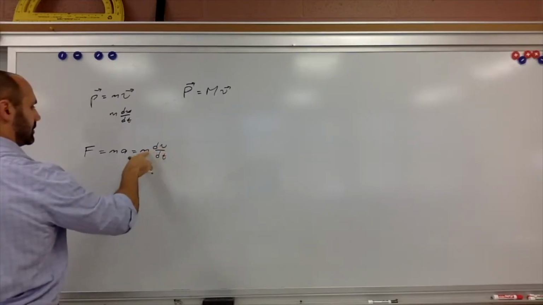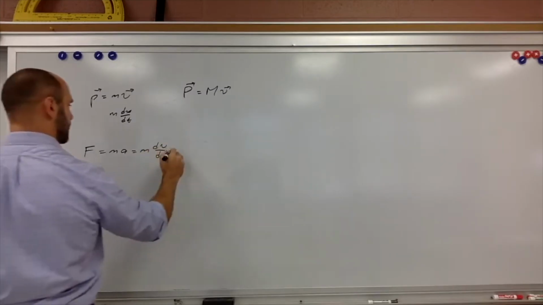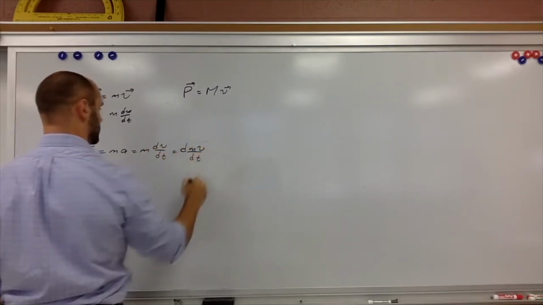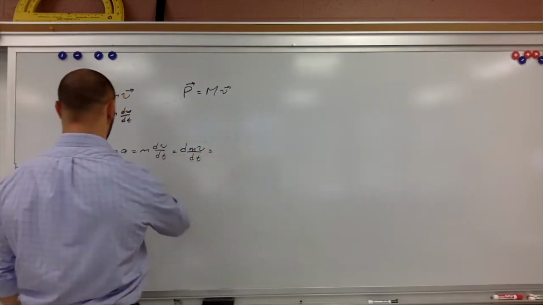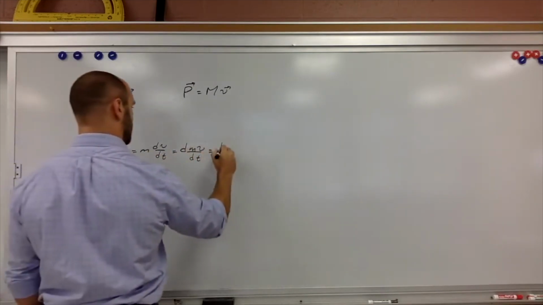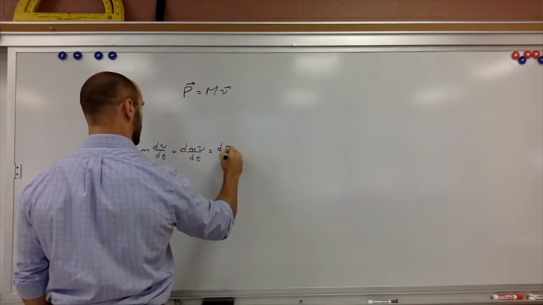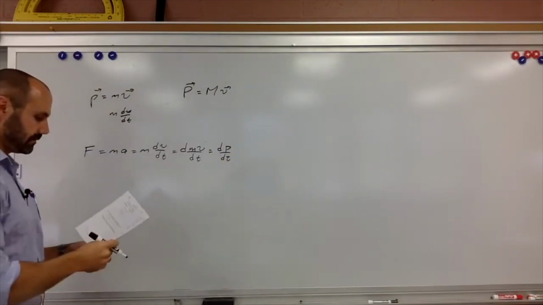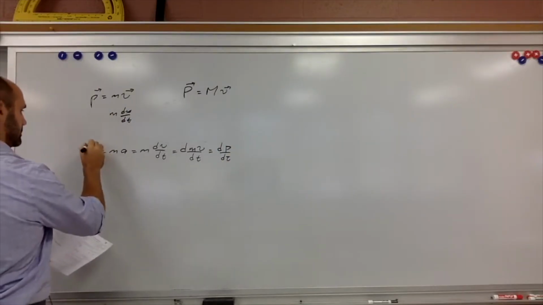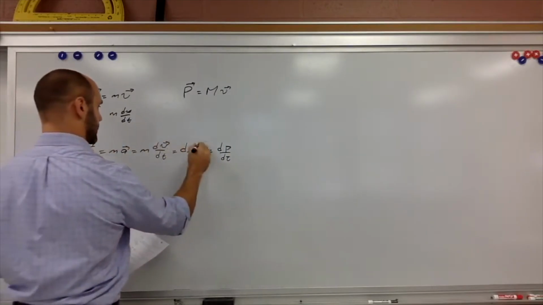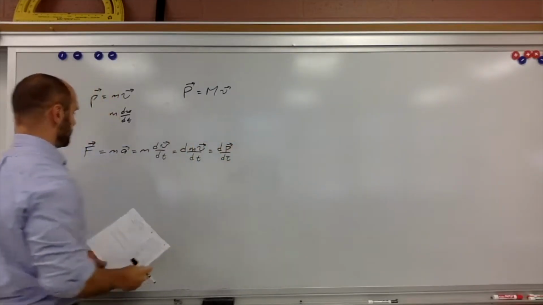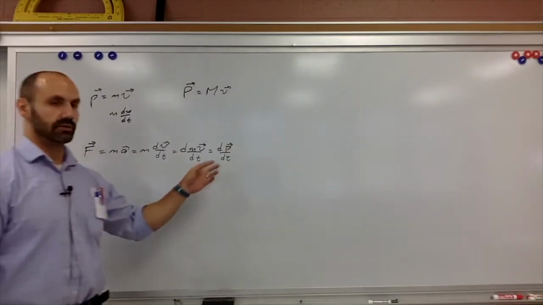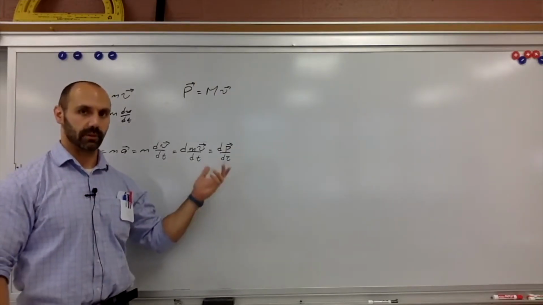But if we multiply dv by m, then what we end up with is d(mv)/dt. So the force is actually related to the rate of change of the momentum. Right? So force, let's put arrows on our vectors here. The net force on an object is equal to the derivative of the momentum.